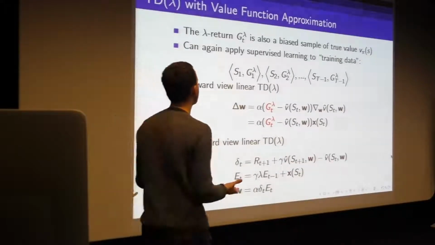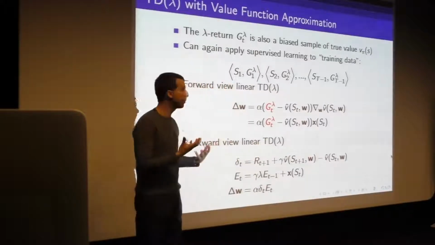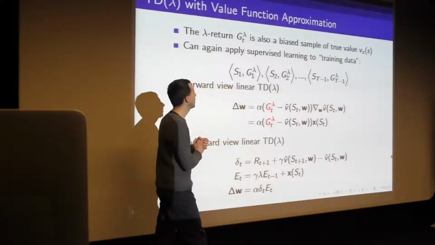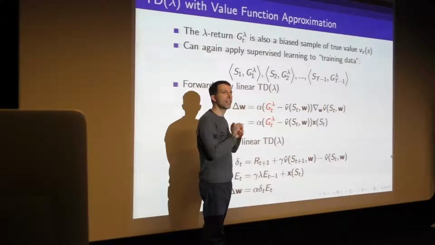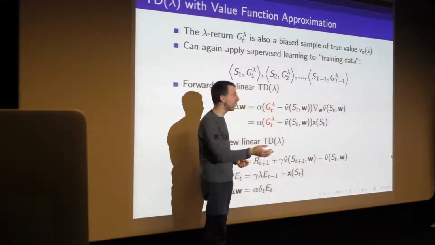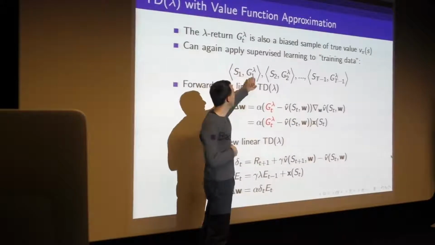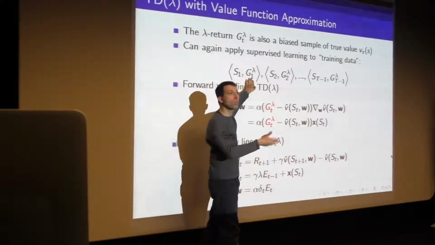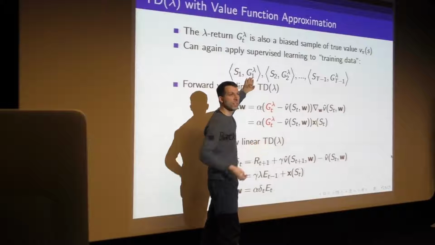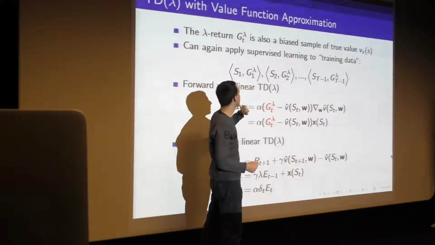And then finally, I won't dwell on this, we can do the same idea with TD lambda. Again, we're still doing this online, but the association that we're making is that each state is associated with some lambda return. The lambda return is a mixture of all your n-step returns.